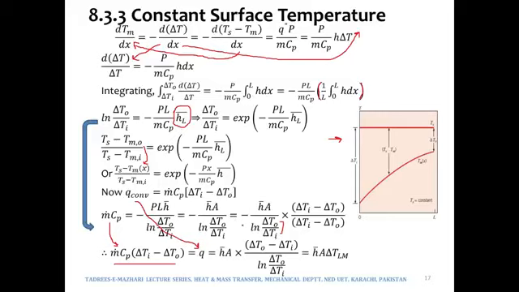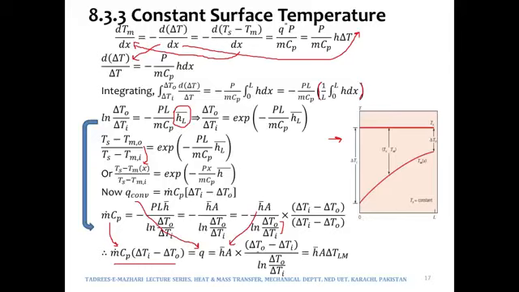So what are we left with on the right hand side? We are left with HA. So we have got this H bar A over here, times delta Ti minus delta T naught over log of delta T naught over delta Ti.